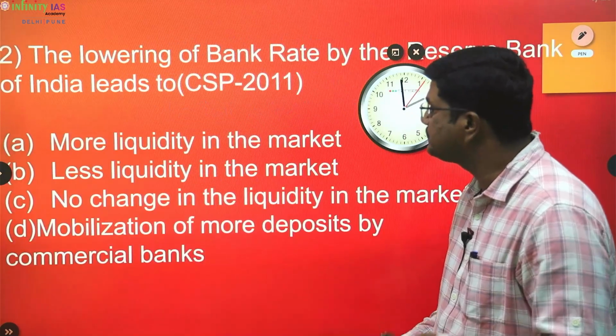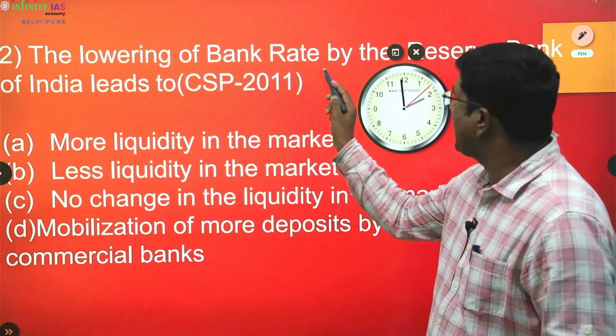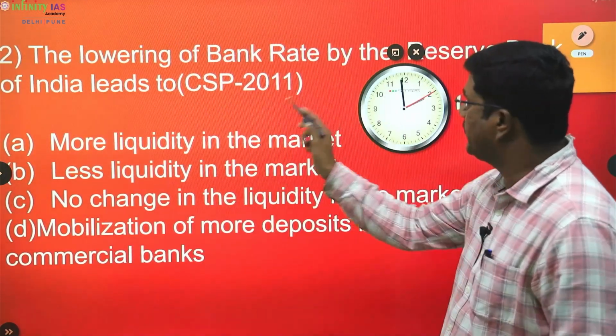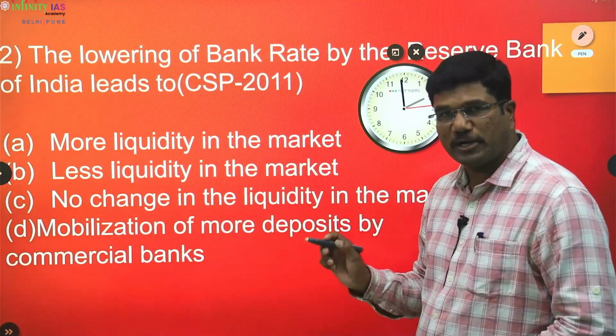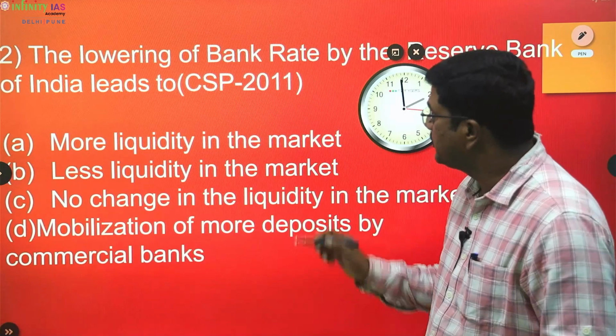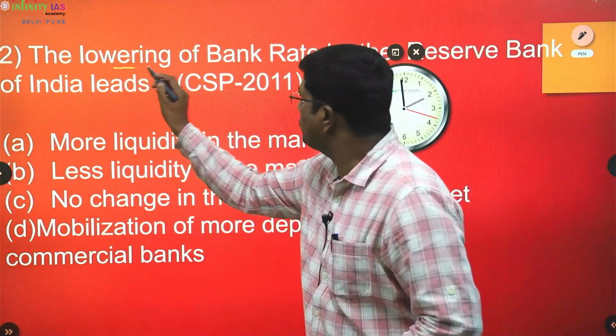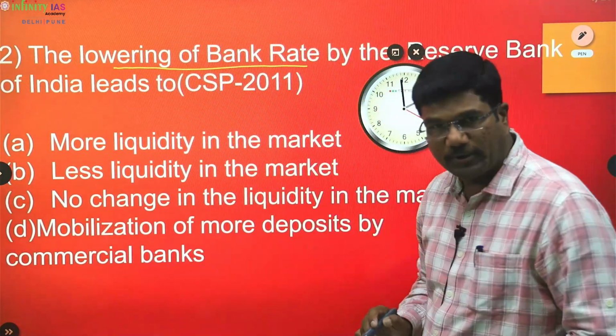Next question: the lowering of bank rate by the Reserve Bank of India leads to. This was the Civil Services Prelims 2011 question. Here again lowering of bank rate is the keyword.